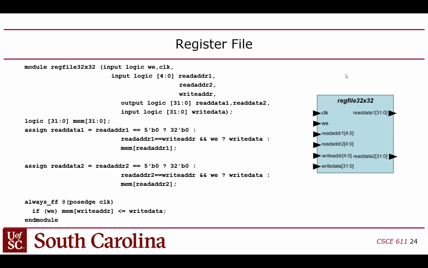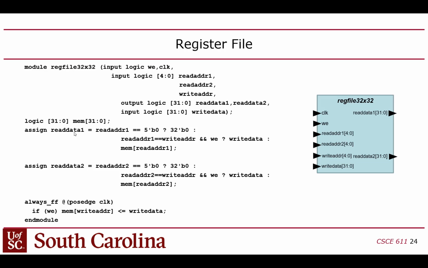Okay? So notice here, sorry, I keep thinking I can point to that. Notice that we declare the memory here, logic 31 to 0, mem 31 to 0. This creates a 32 by 32 register RAM, which is 1,024 bits in total, 32 times 32. Then the read datas are put in here as assign statements.